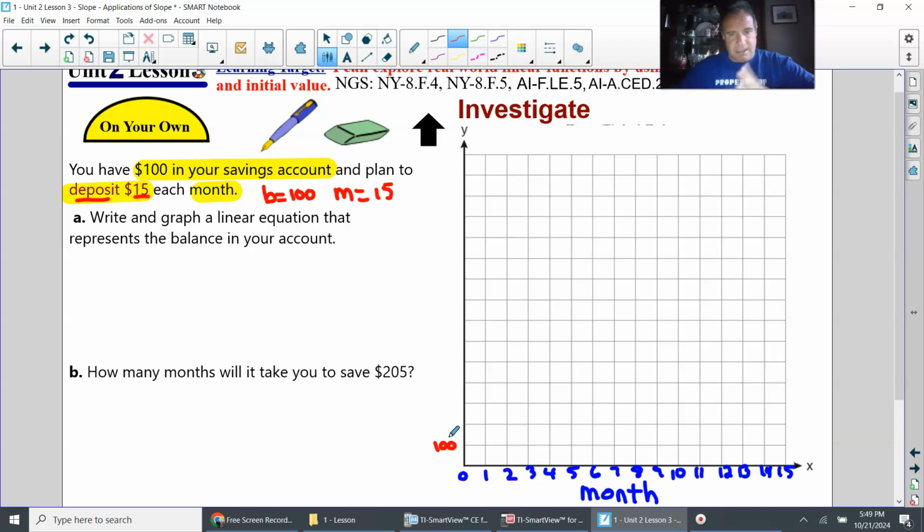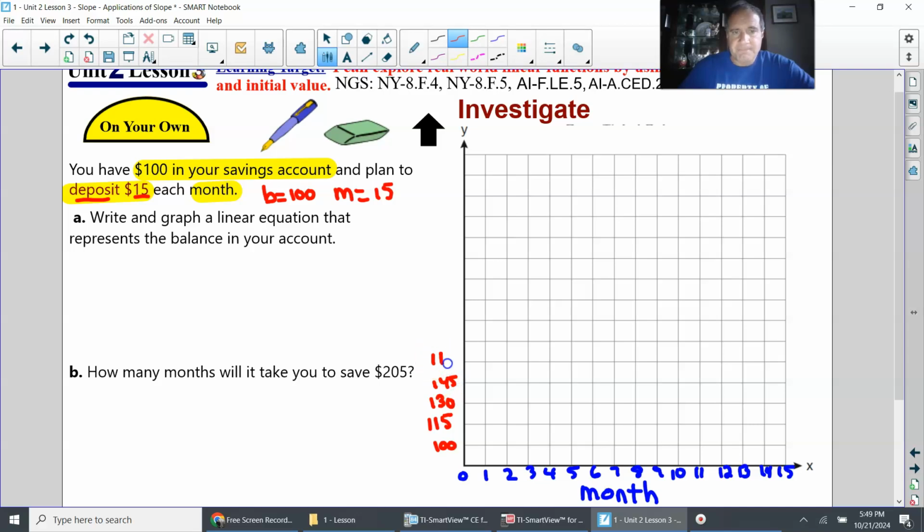So that means he's going to have 115. So you're increasing your y-axis by 15, 15, 15, because the person is adding $15 per month to the account. So this is 130, this is 145.